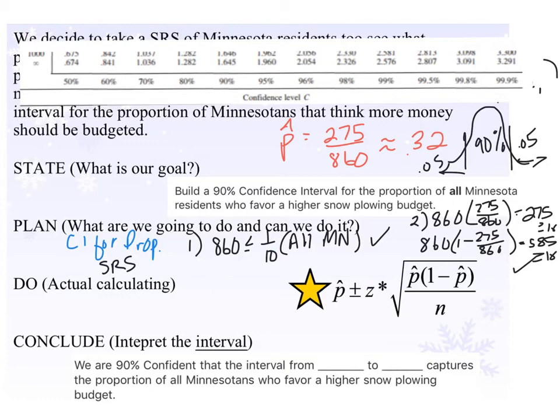So, we always think of 95% as being 2 deviations away. It's close. The exact number is 1.96. So for 90%, it's 1.645.